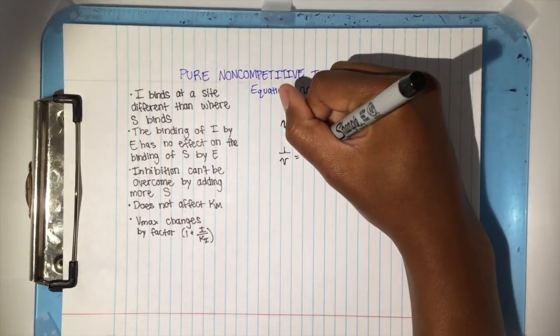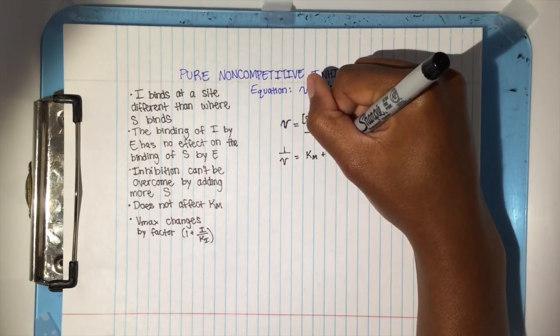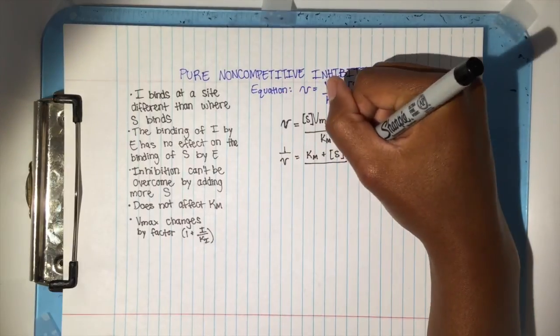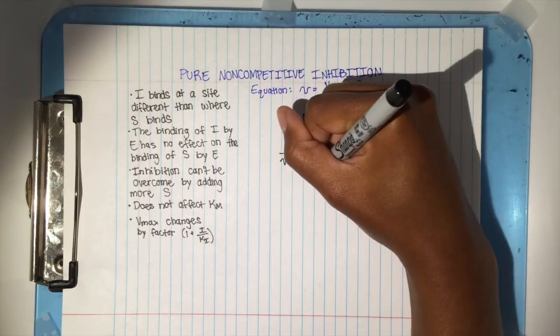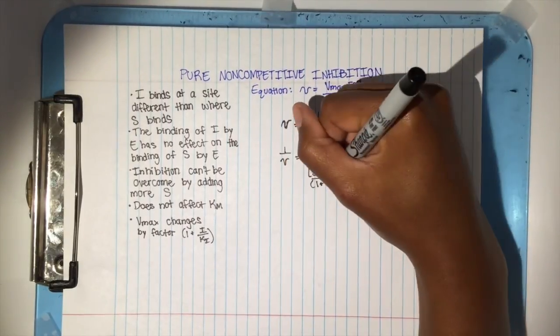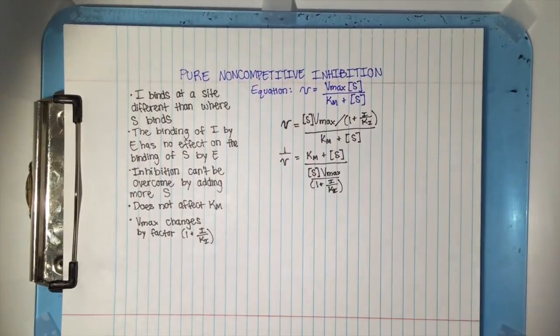We can then take the reciprocal to get it in our Lineweaver-Burk plot form, and so we get Km plus S all over S times Vmax over 1 plus I over Ki.